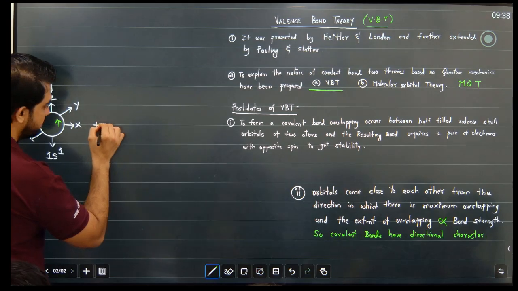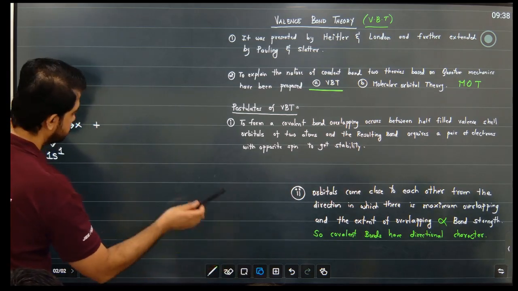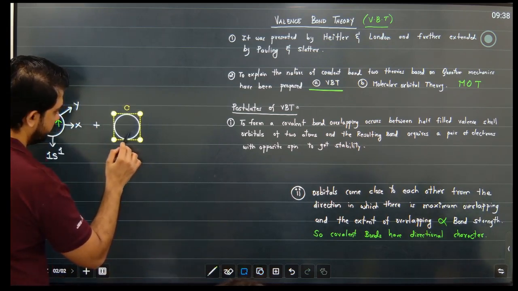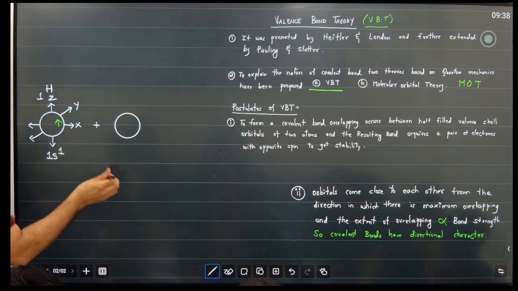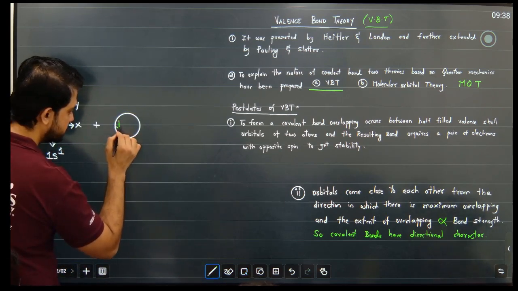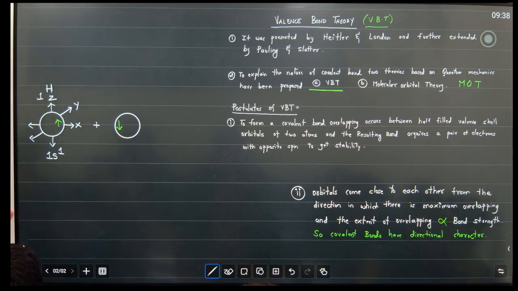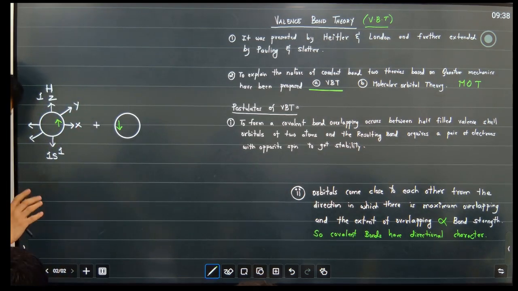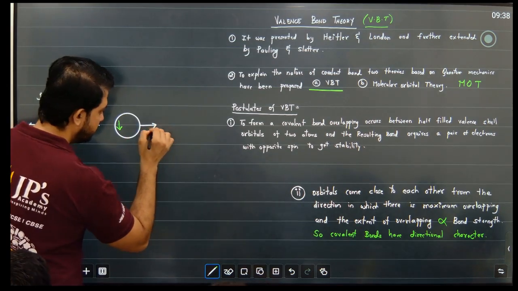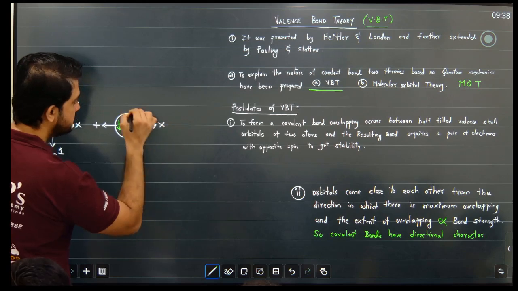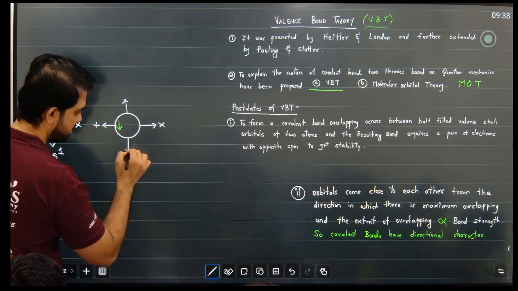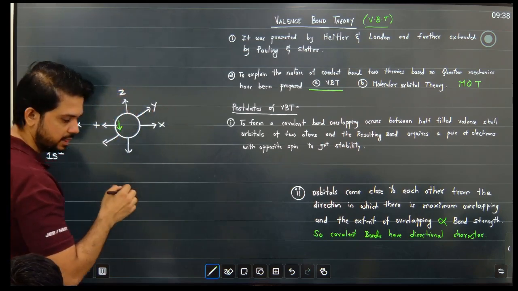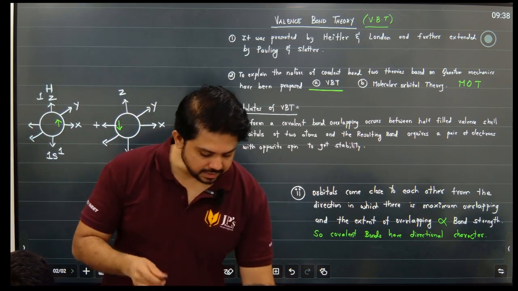And you'll have एक और हाइड्रोजन एटम, same configuration 1s1, but यहाँ पे हमारे पास एक इलेक्ट्रॉन है which is in anticlockwise spin. So we need two atoms whose electron spins are opposite, and these two atoms will approach each other. ये जो atomic orbitals हैं, they approach each other along the same axis.